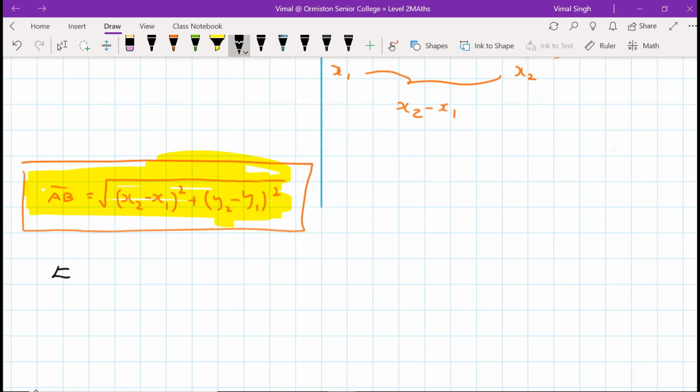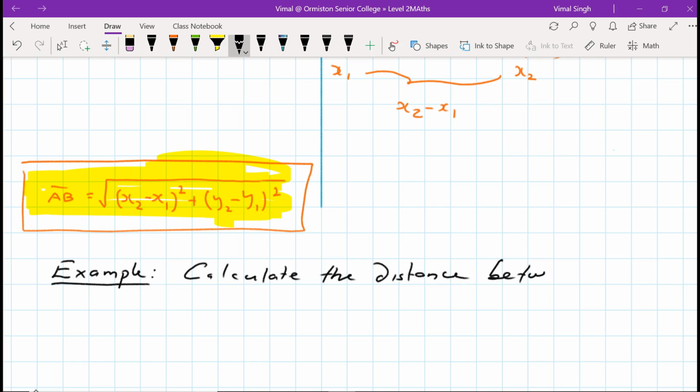Example: calculate the distance between two points.